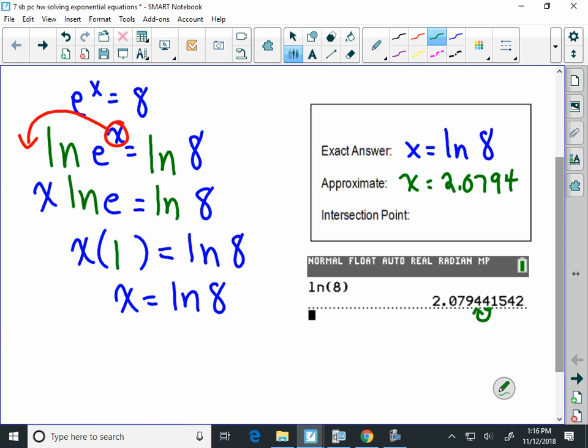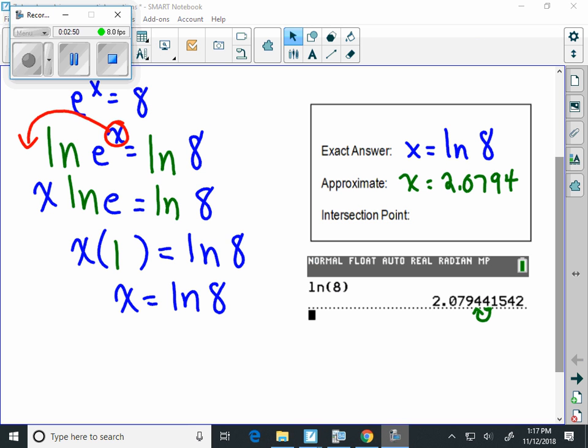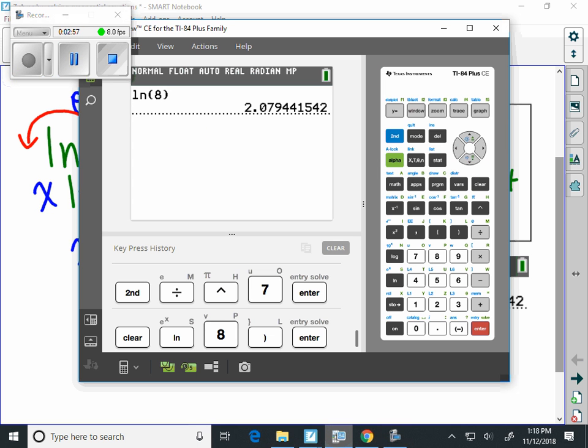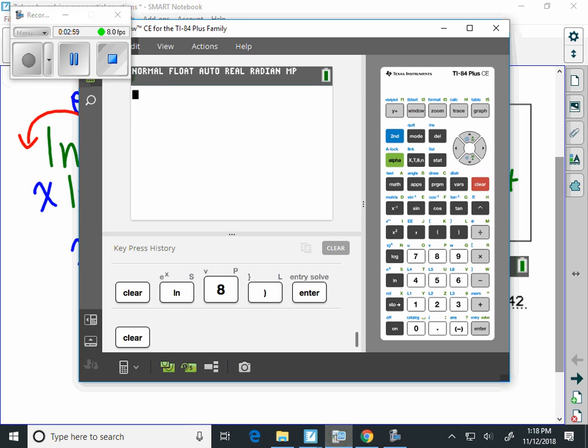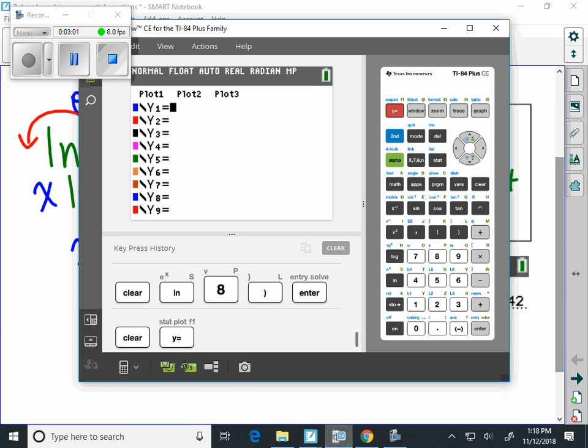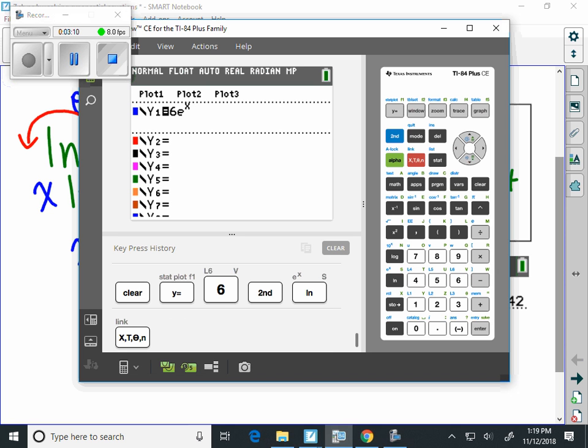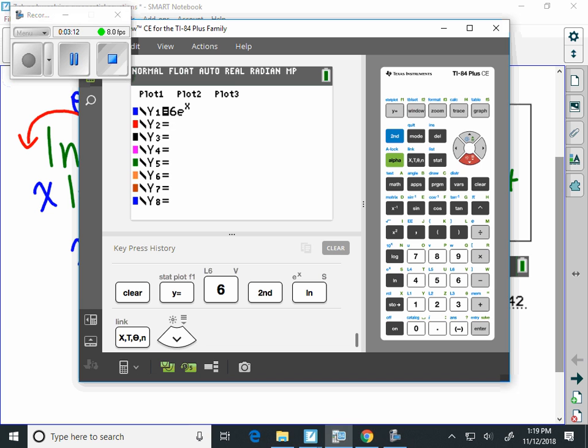And on second thought here, we can take a look at the intersection point. So if we pull out our calculator again, just as a quick refresher, again, I don't want to spend all my time on it, and it's the issue of getting the right window. But what we can type in one of our screens is 6 e to the x for y1. For y2, we're going to type in the other side of the equation, which is 48.